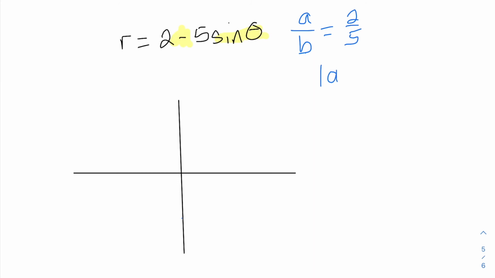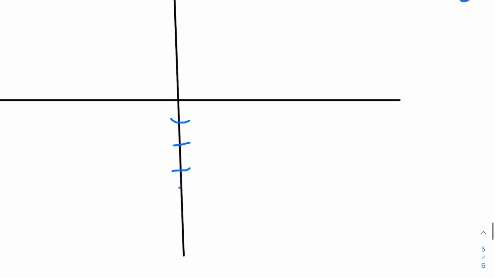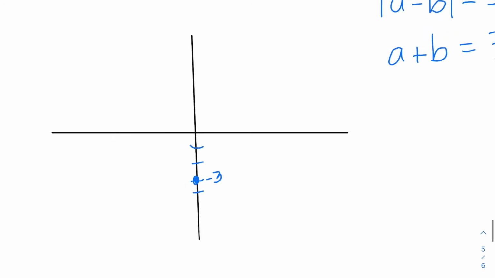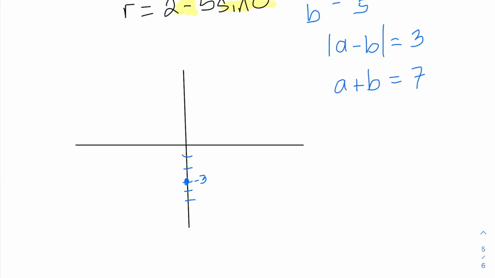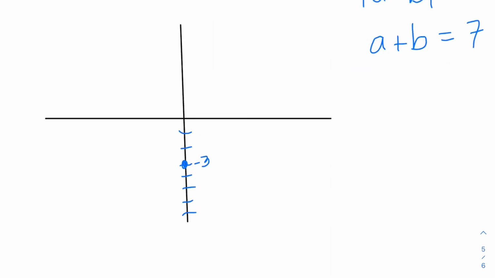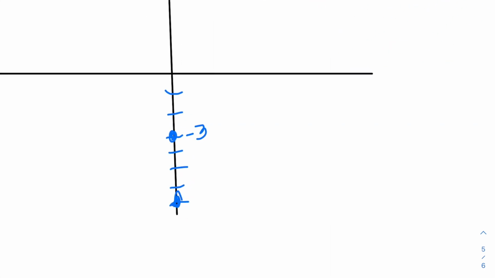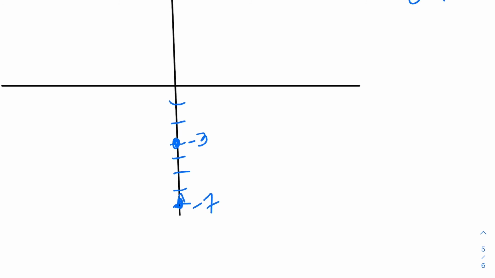Here the absolute value of A minus B would be 3. A plus B is 7. So that lets me know in that downward orientation, my inner loop is going to cross at negative 3. My outer loop is going to cross at 7 in that downward direction. So that'll be a y-intercept of negative 7 when we go down by 7 units.